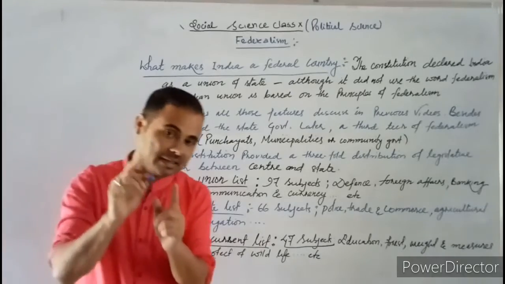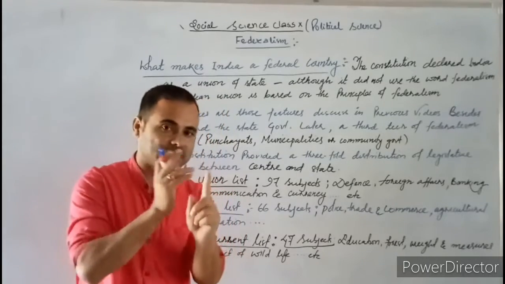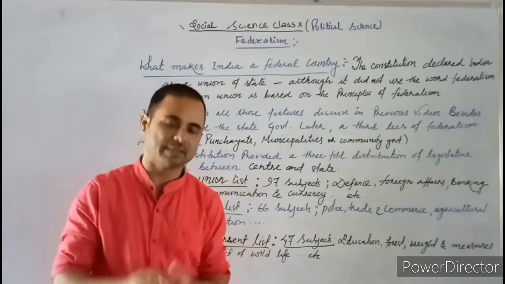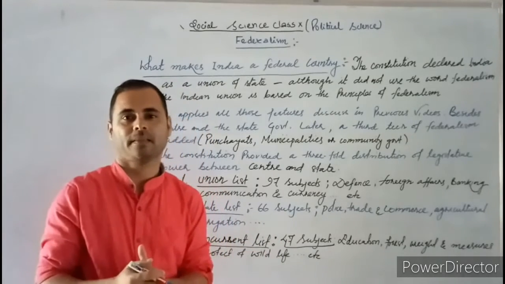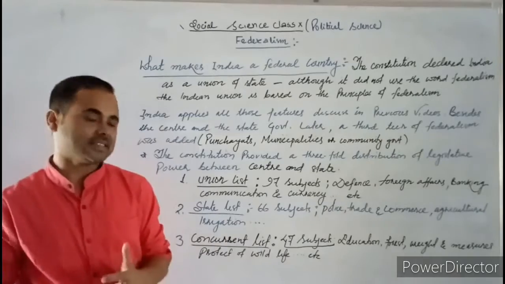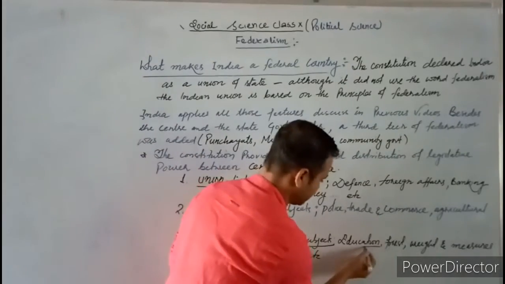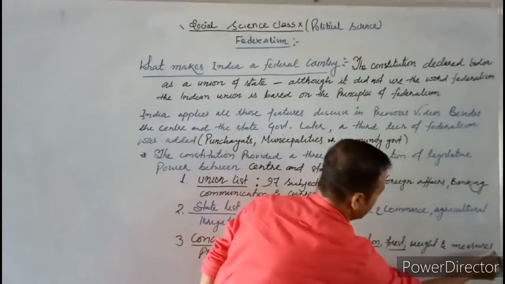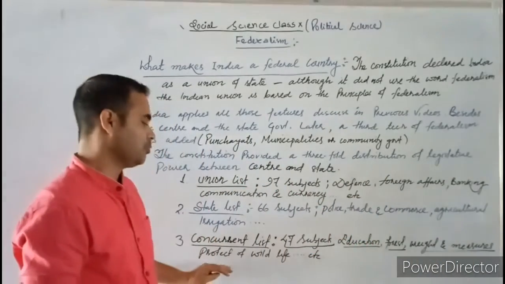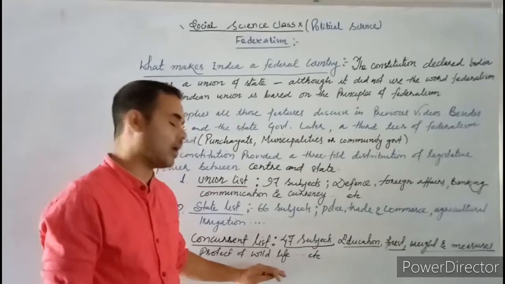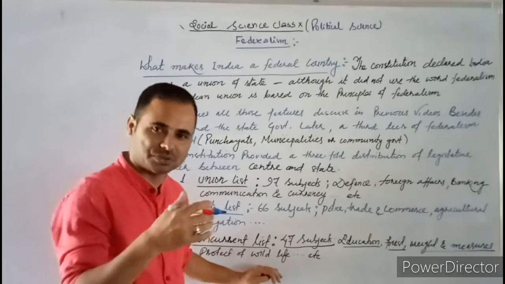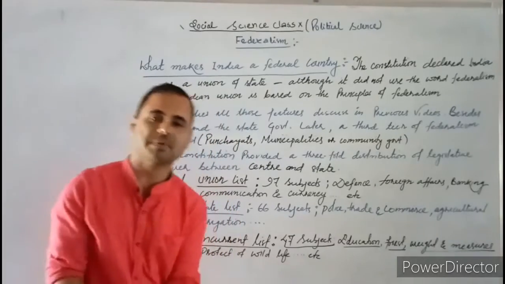Clear? The third one is the concurrent list, which consists of 47 subjects. In the concurrent list, both the center and the state government make laws jointly, together. And what are the areas that come here? Here comes education, the forest, weights and measures, and the protection of wildlife, which includes reserve forests, animals, birds, whatever.